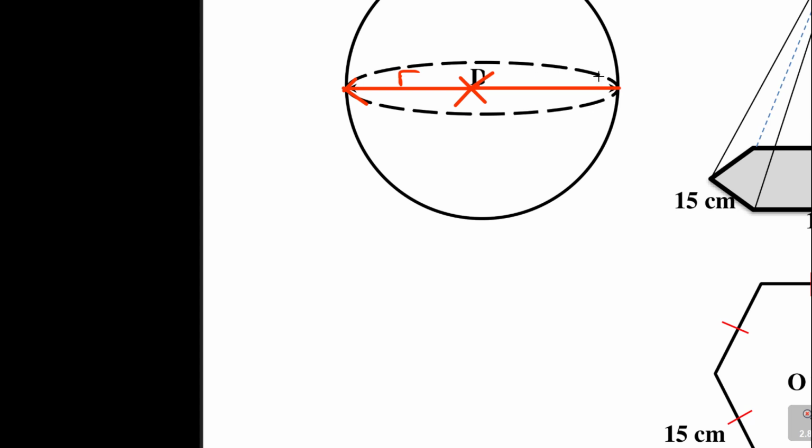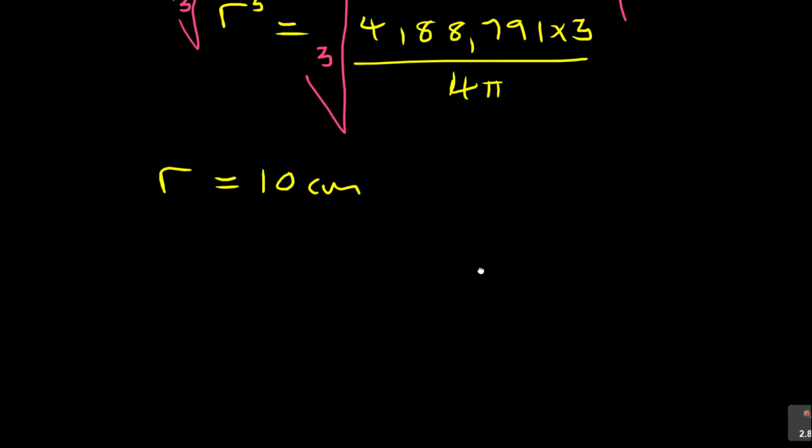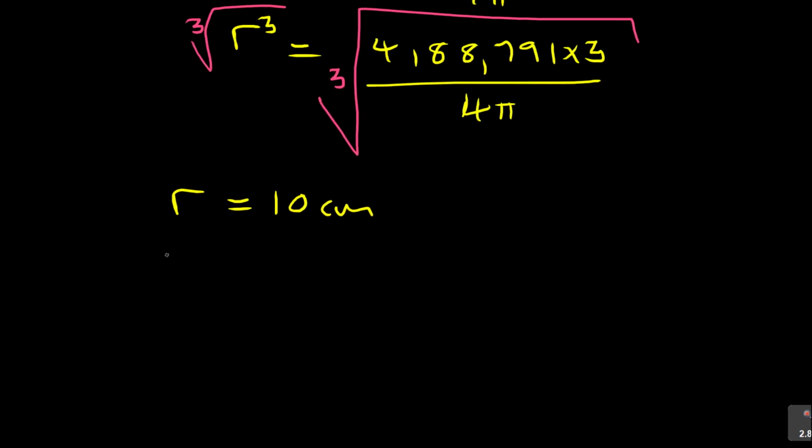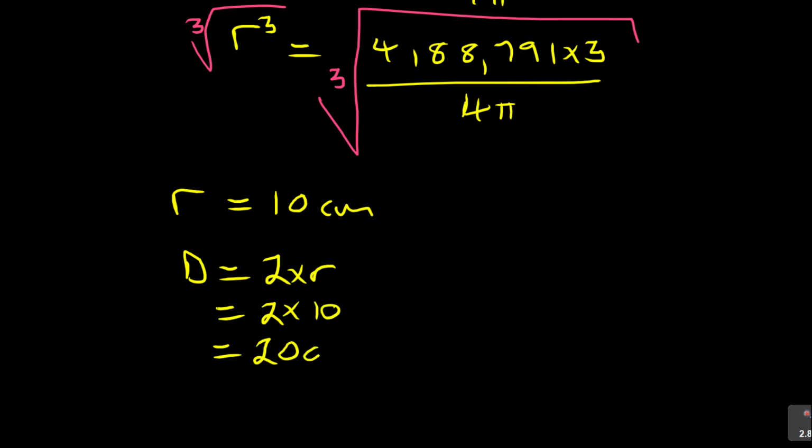So these are 2 radii. Remember, D is equal to 2R. Are you seeing that? So here you can now finalize the answer: if R is equal to 10, knowing that D is equal to 2 times R, which is 2 times 10, it is 20 centimeters.